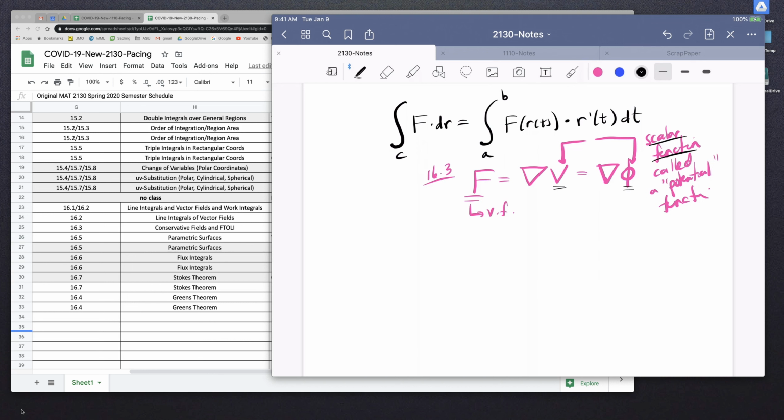So watch what happens here if we substitute for this vector field. You substitute the fact that the vector field is the derivative of some function, and that derivative will be evaluated along the curve, and then we will multiply by dot product with the derivative of the curve, r prime at t.